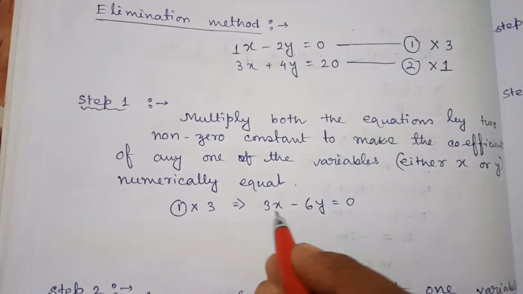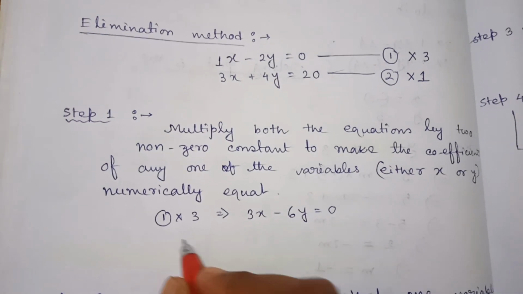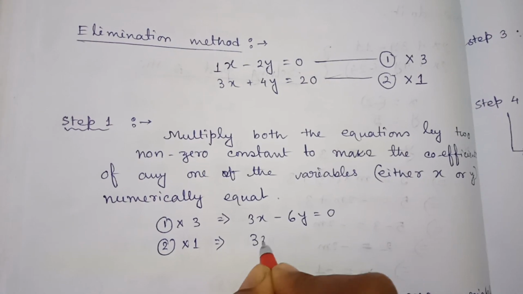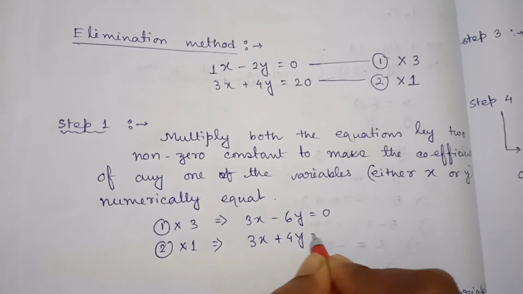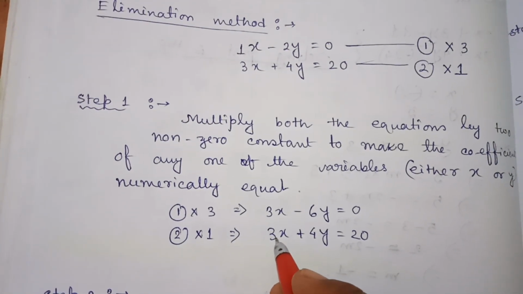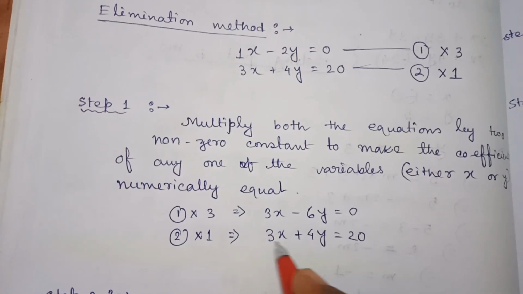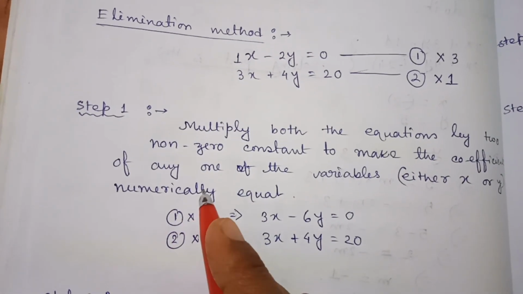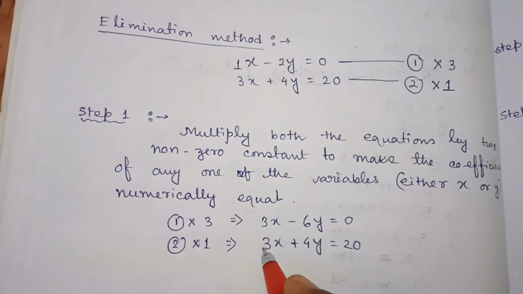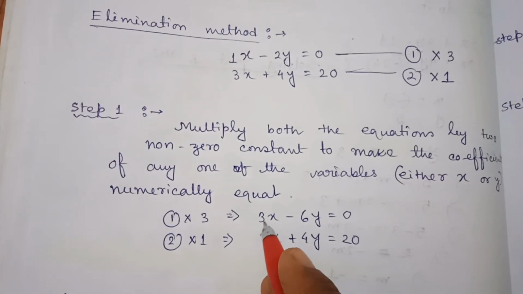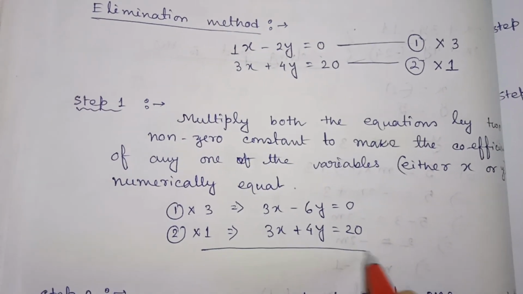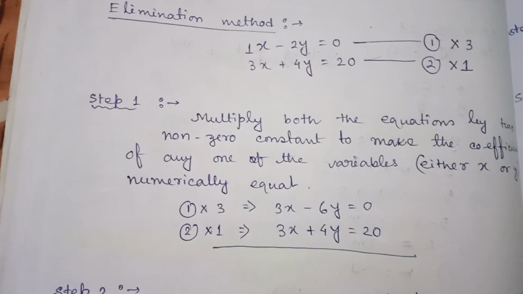So here it goes. 3x minus 6y equals 0, and number 2 multiplied with 1 will give us 3x plus 4y equals 20. Look, we wanted to eliminate x and we have got 3x and 3x, numerically equal. No need to look at its signs. You just have to get the coefficients equal. Okay, now this we have got.